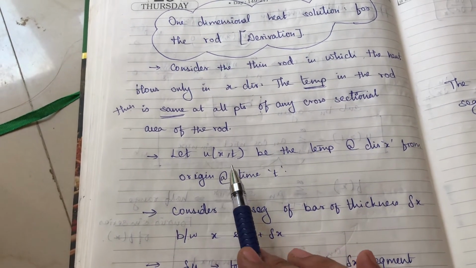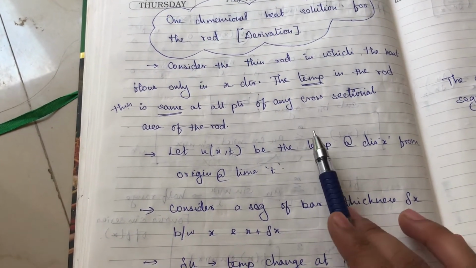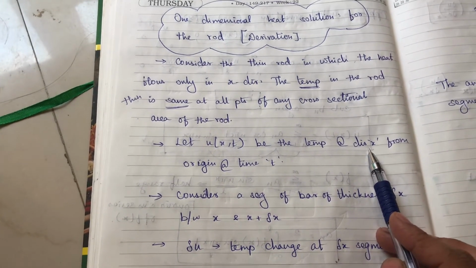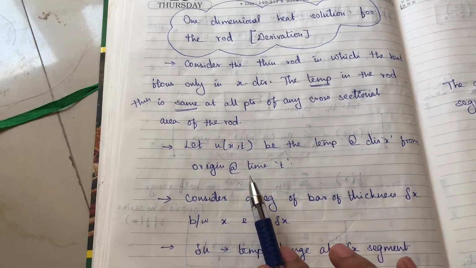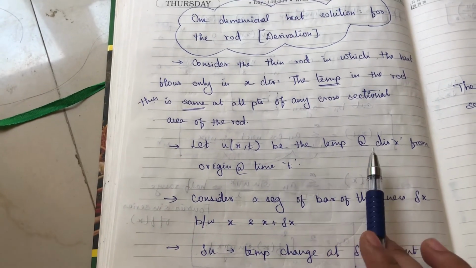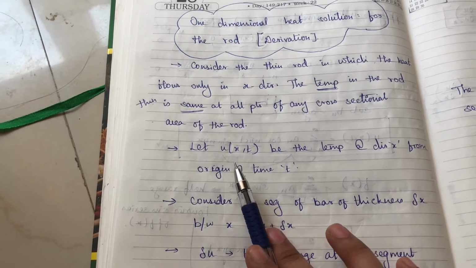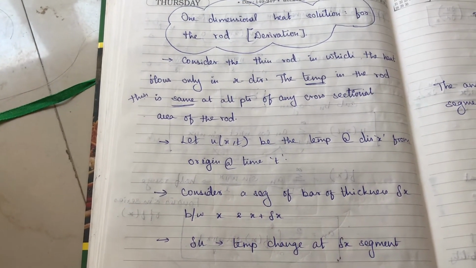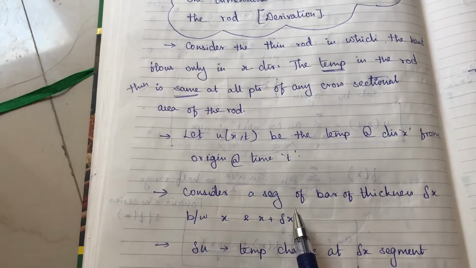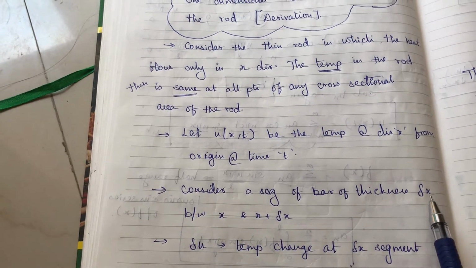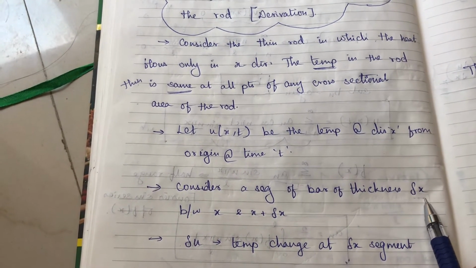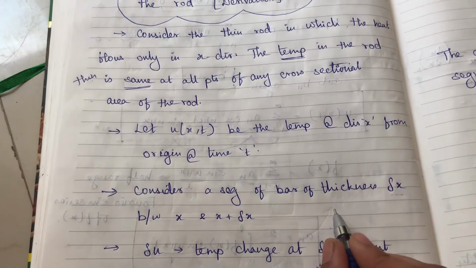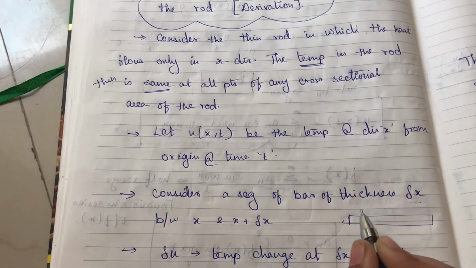Let u of x,t be the temperature at distance x from the origin at time t. Consider a segment of the bar with del x as the thickness between x and x plus del x.